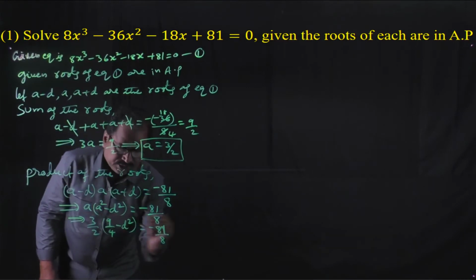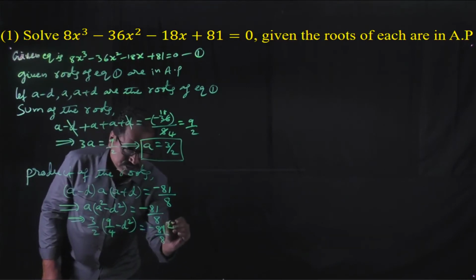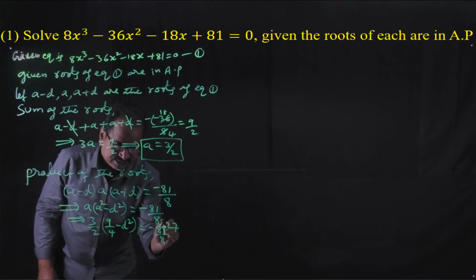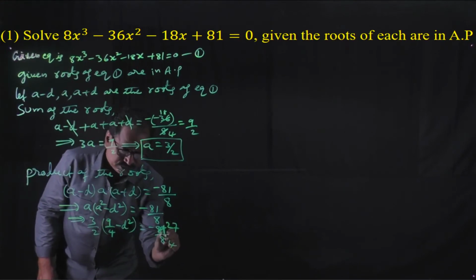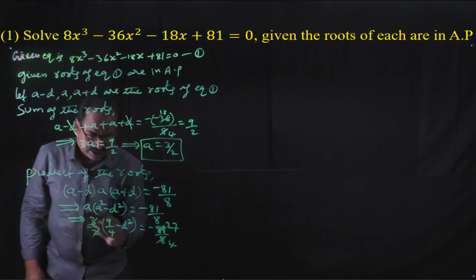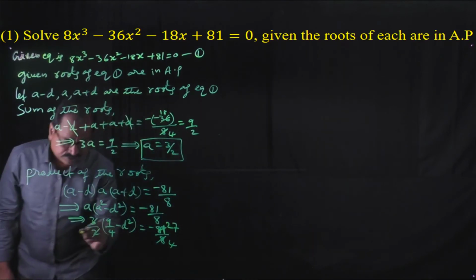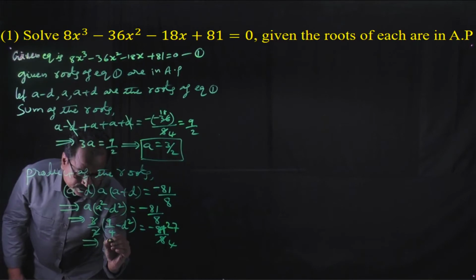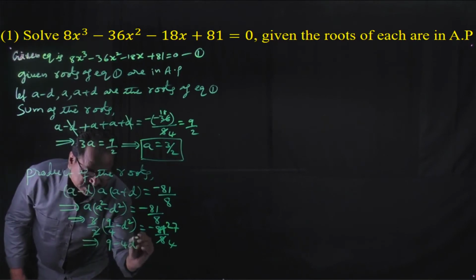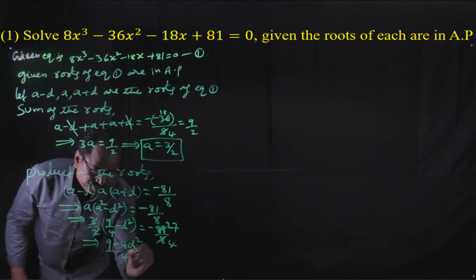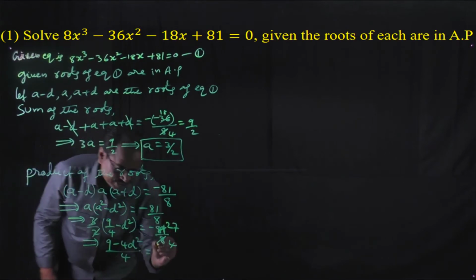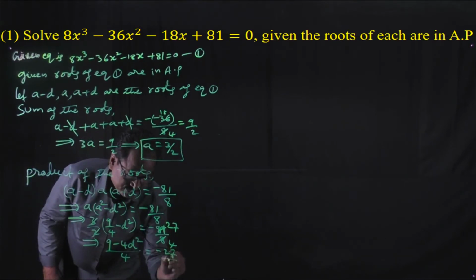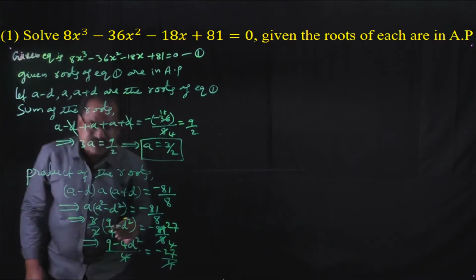So 3 twenty-sevens, 2 fours gets cancelled. So this implies 9 minus 4d square by 4 is equal to minus 27 by 4. Here 4 gets cancelled.